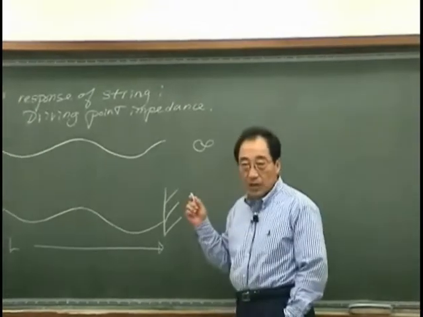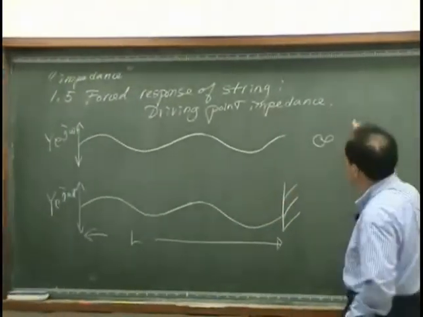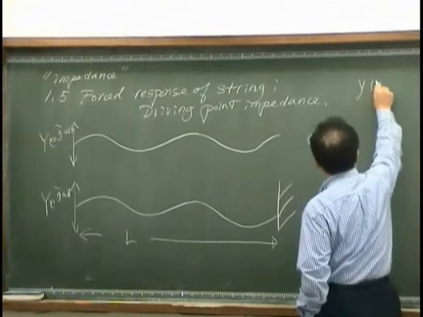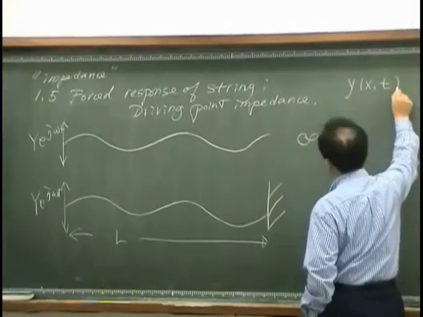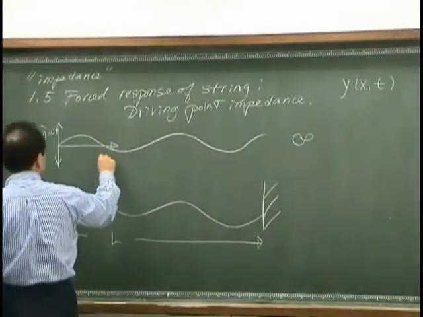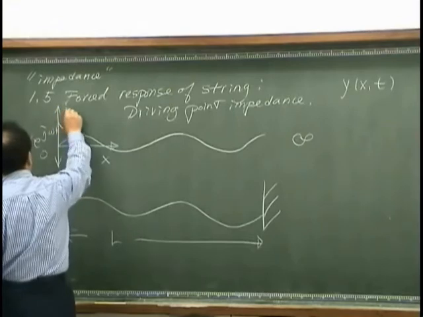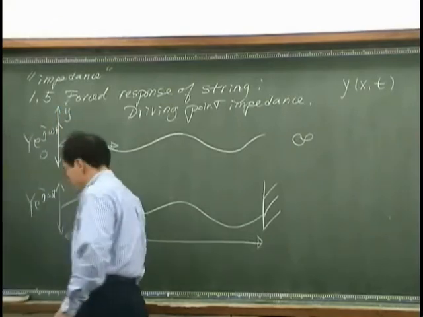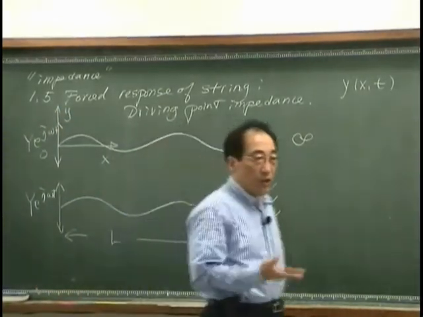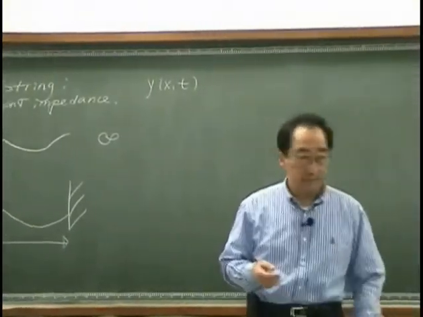From the previous lecture, we know that in this case, the displacement in y direction, of course, originates starting over here, and I'm measuring the displacement of string using y coordinate.